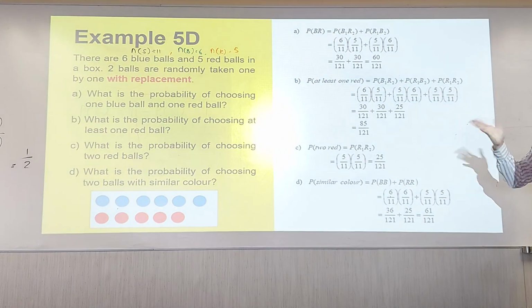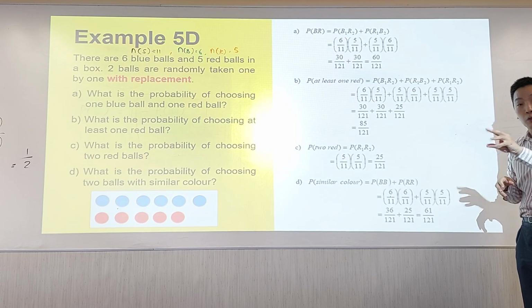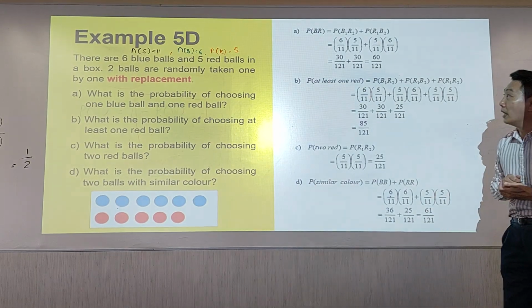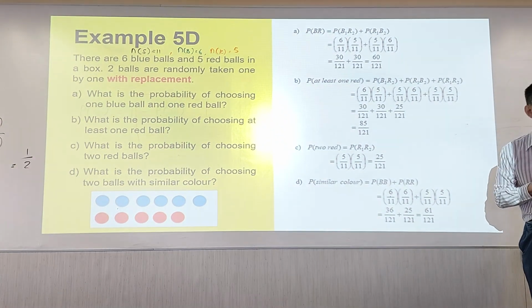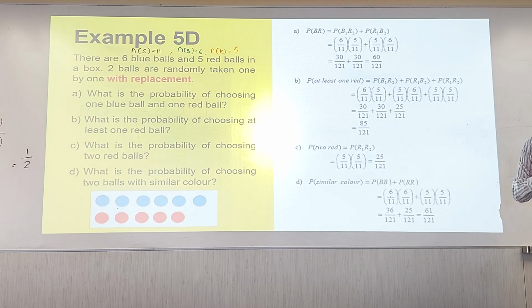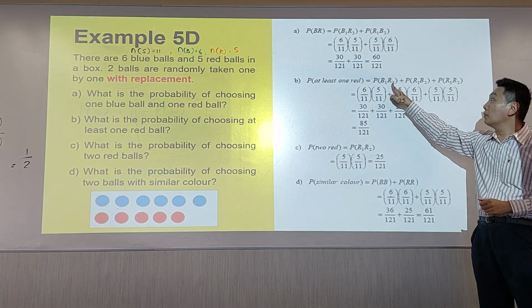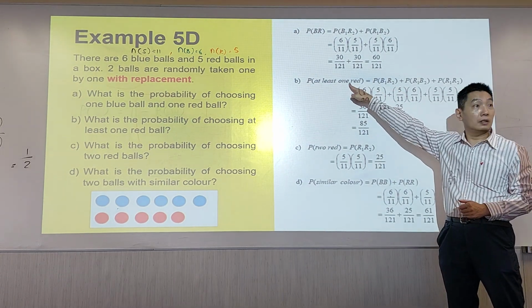Okay, B. If you choose two balls, one by one with replacement, what is the probability that at least one of the balls is red color? If that's the case, there will be three possible outcomes. It can be the first ball is blue, second ball is red, because this outcome fulfills this requirement.